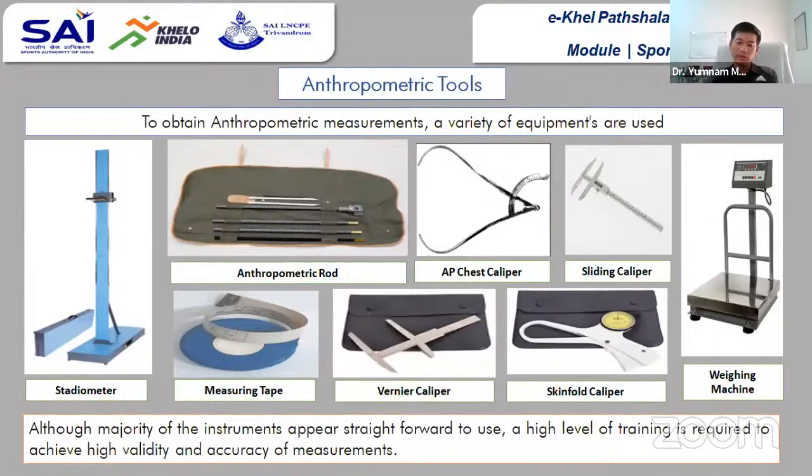It has one spring which gives a constant pressure of 10 gram per mm square. So it is used to measure skin thickness. From that skin thickness, we can calculate the fat mass of an individual. So this skin fold caliper is used for calculating the fat of an individual.